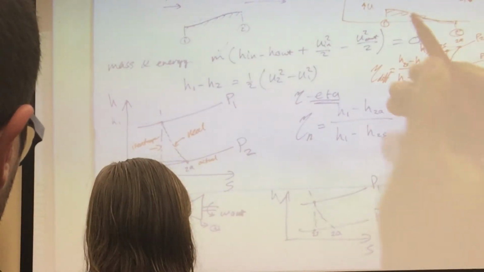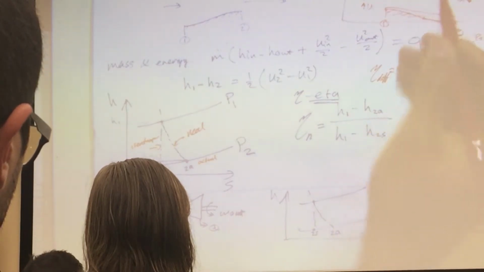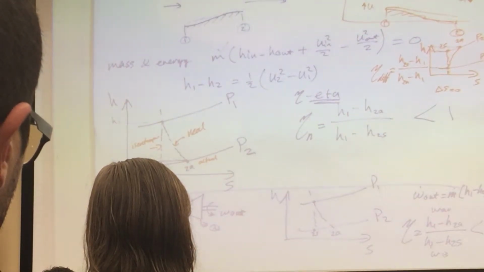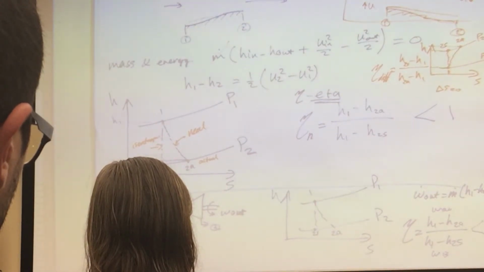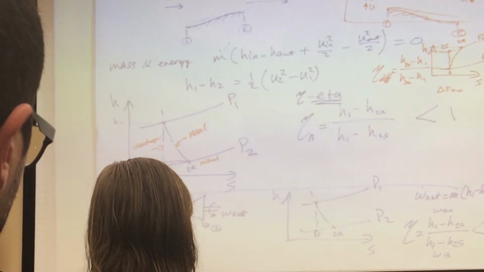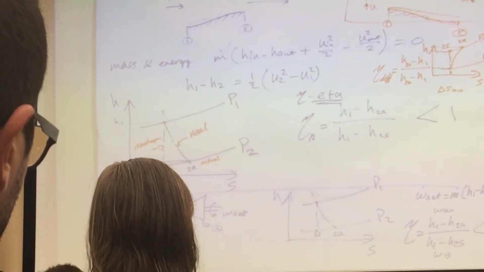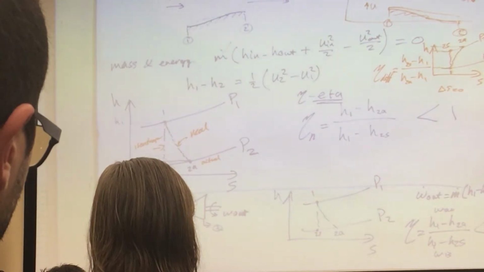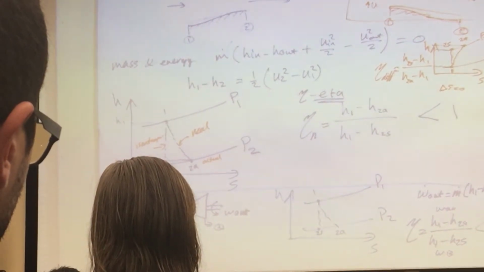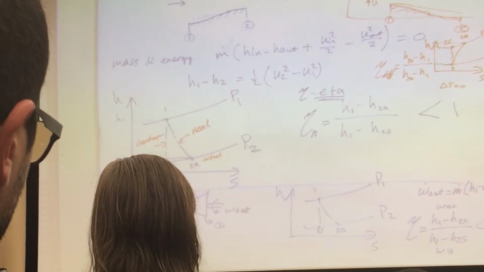What happens here is you get a boundary layer right here that thickens throughout. You get skin friction, which is, think of it as like drag. We're going to talk about it more as we progress through the semester. So that's why your ideal situation here is less energy to achieve the same pressure level than with an actual process. Does that make sense?